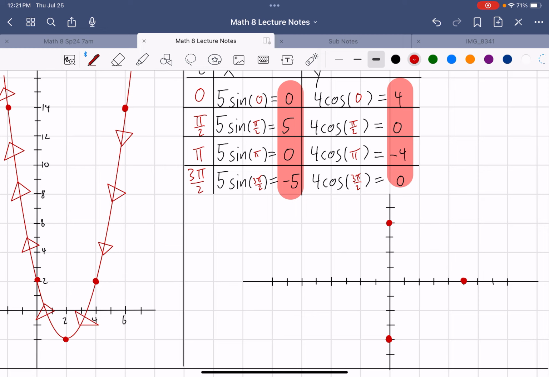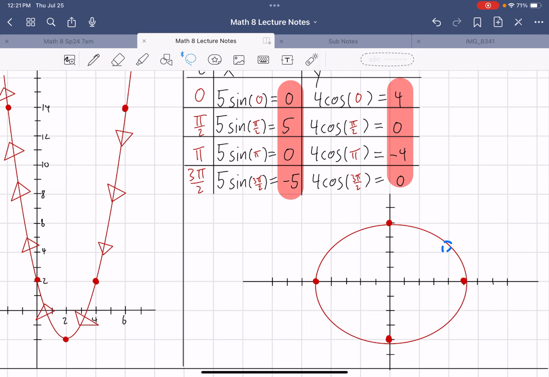Then we have another point at negative 5 and 0. Now hopefully you can recognize that this gives me this circular shape. But if you notice, it's not a perfect circle, because if it was a perfect circle, that shape would be here. But this is actually more oval.